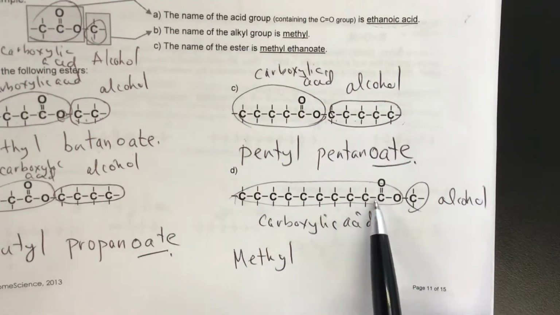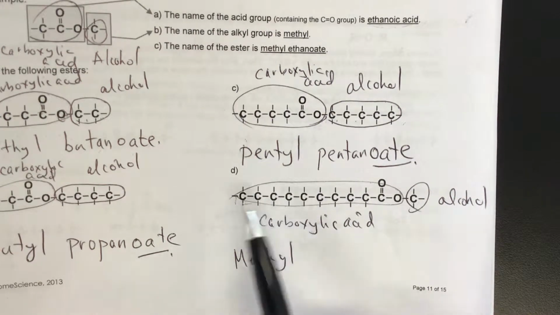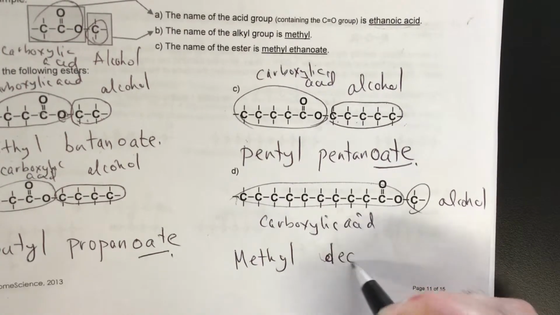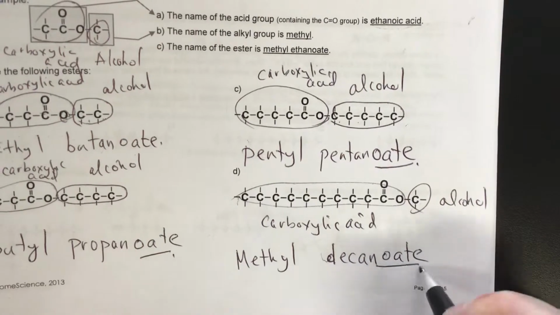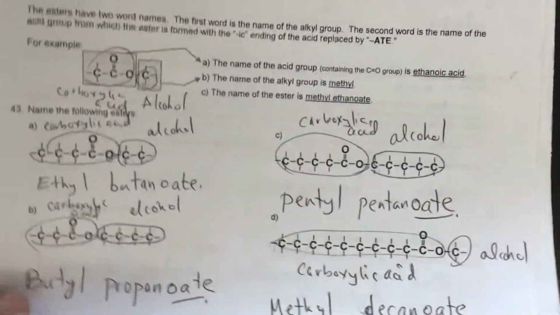And then let's count the carbons. 1, 2, 3, 4, 5, 6, 7, 8, 9, 10. Ooh, 10, dec. Decan oate. Methyl decanoate. That's what that is. Okay. So those are your esters.